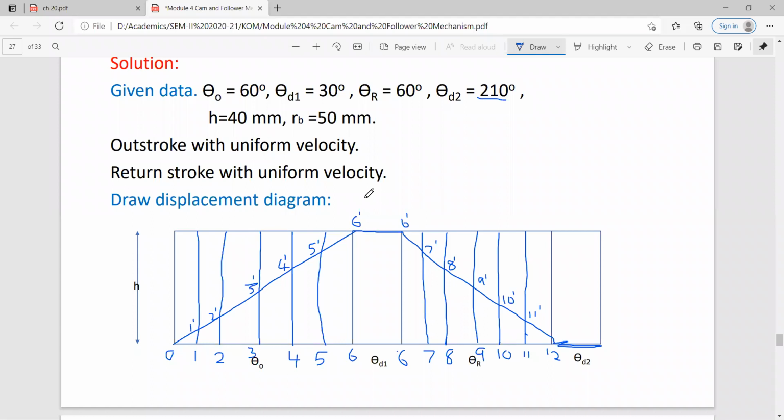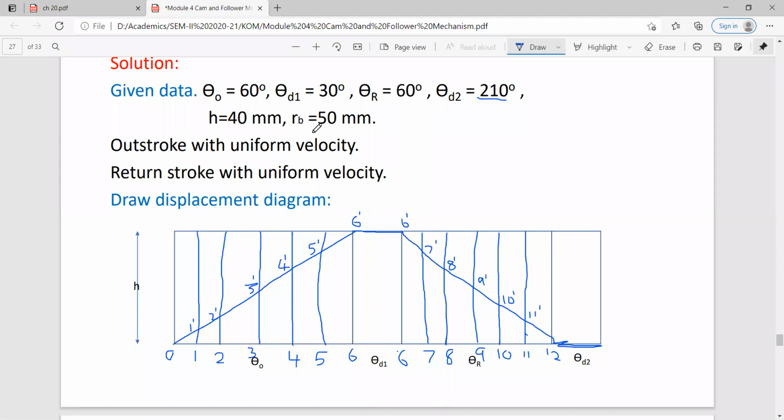Now after you have drawn this displacement diagram, you will proceed to the cam profile. So you will need radius first.